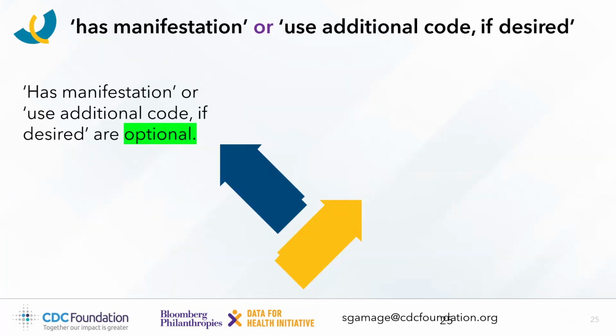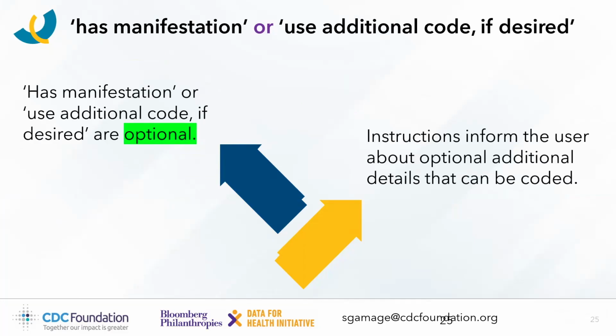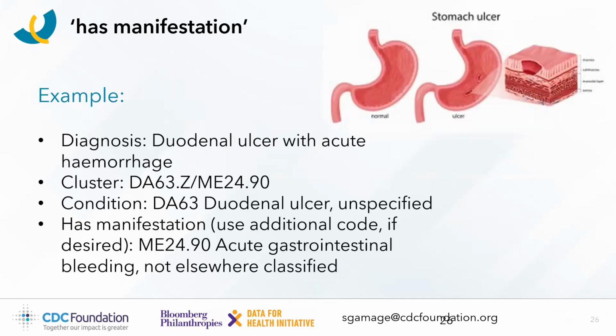Has manifestation or use additional code if desired are optional instructions that inform the user about optional additional details that can be coded. So these are the other conventions, has manifestation or use additional code if desired. Here is an example. Diagnosis duodenal ulcer with acute hemorrhage.